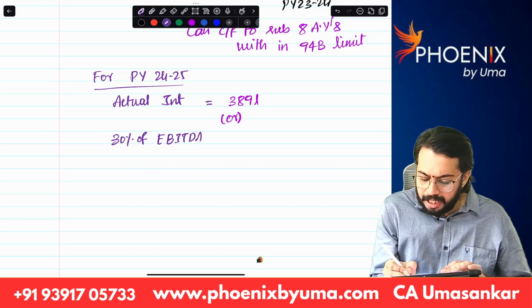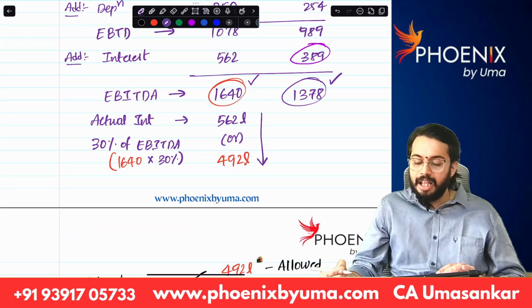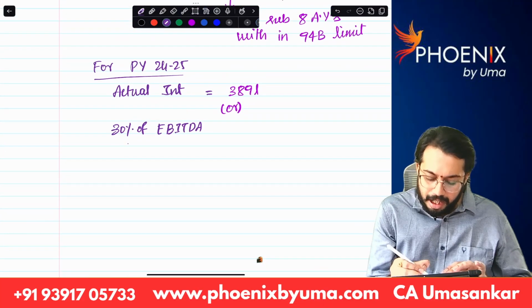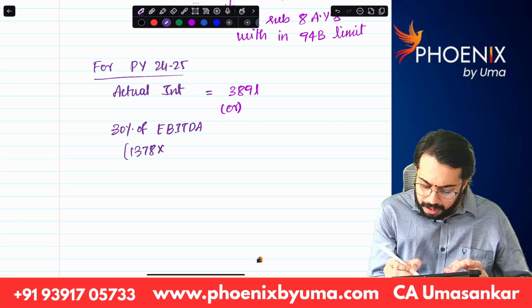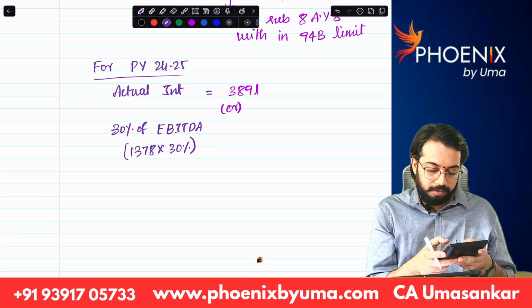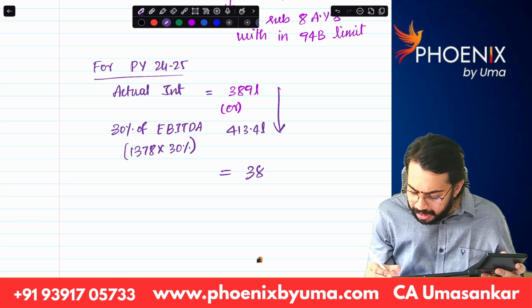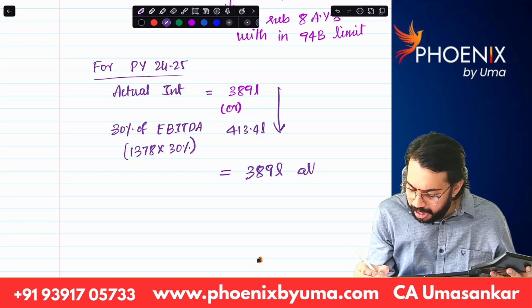How much is EBITDA, earnings before interest, tax, depreciation and amortization? 1378 lakhs, correct? 1378 into 30%. How much? 413.4 lakhs. Out of these two, whichever is lower means 389 lakhs allowed as deduction.